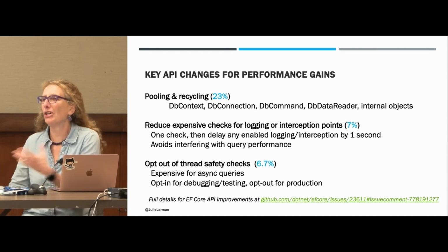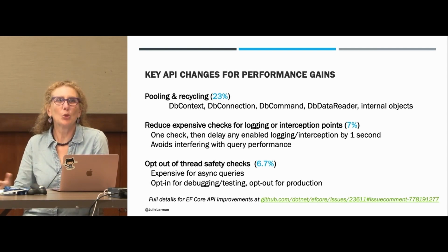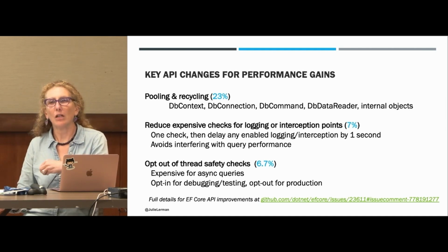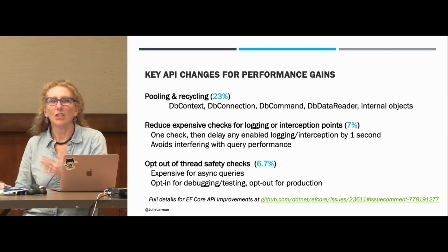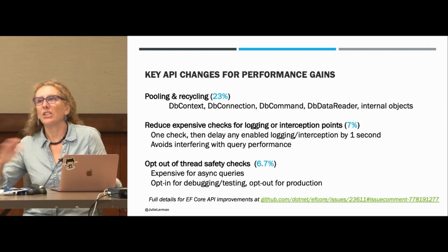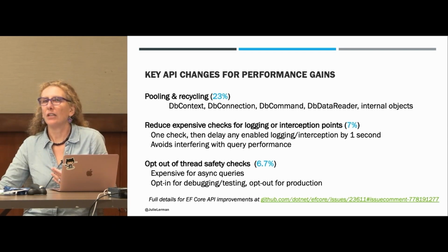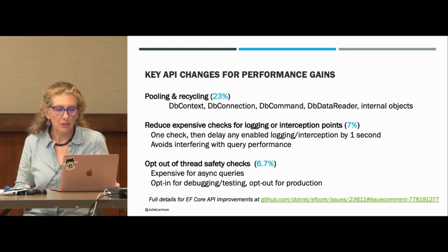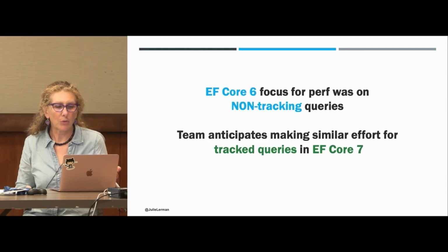You should already know that everything's safe. So they give you an opportunity to opt out of thread safety checking, which you wouldn't do during dev and test, maybe, but you would definitely take advantage of when you release to production. So those are some of the things that were done.